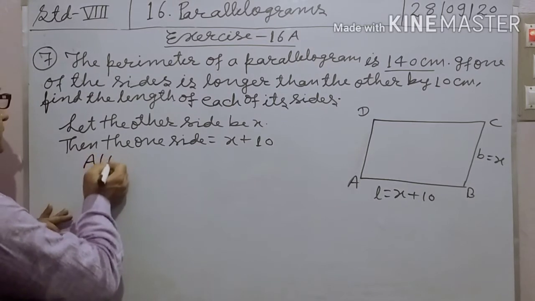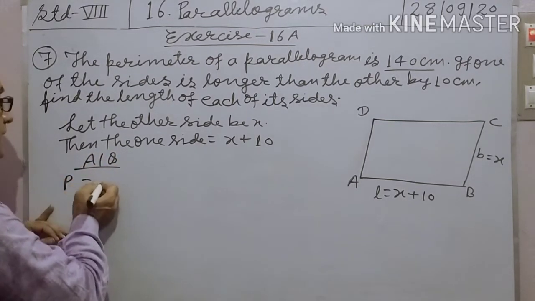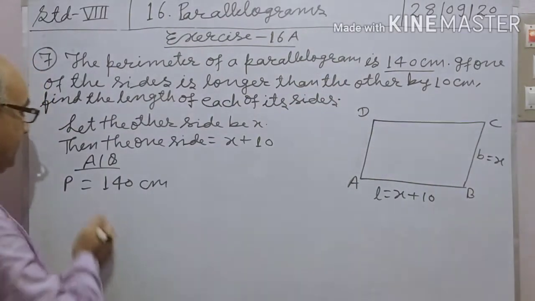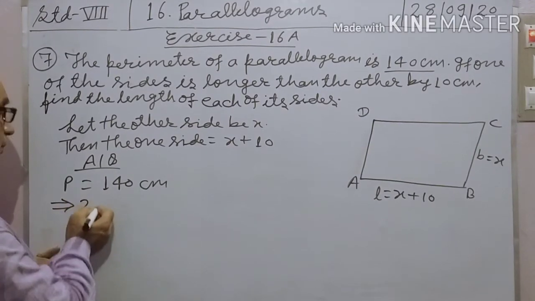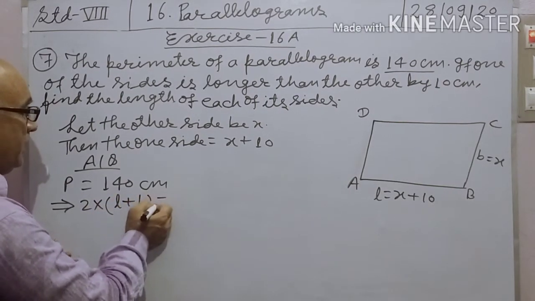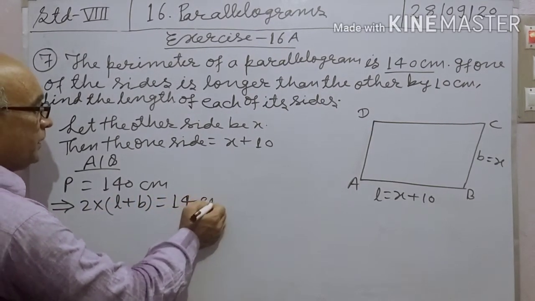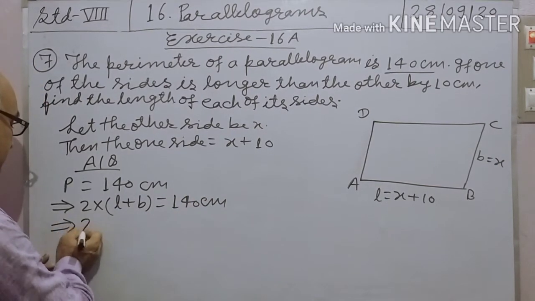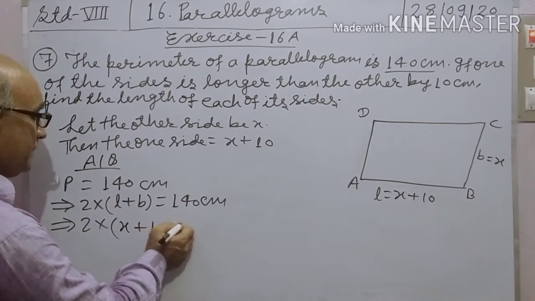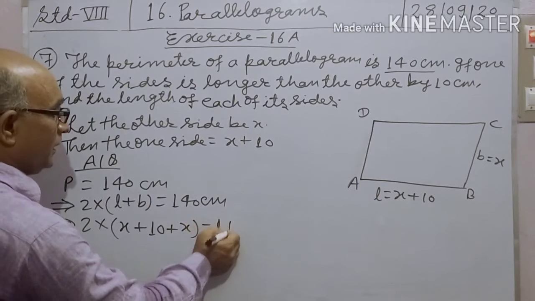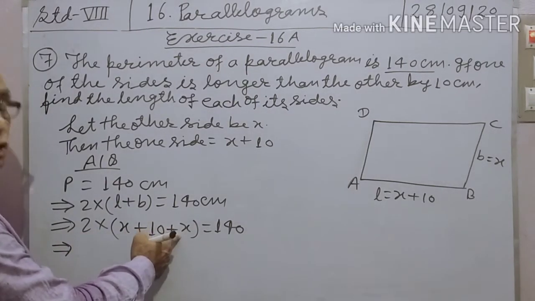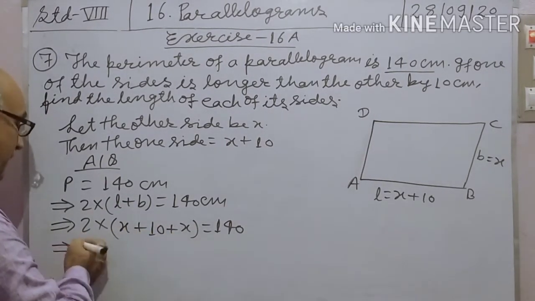According to the question, perimeter equal to 140 cm. That implies perimeter of parallelogram also 2 into L plus B equal to 140 cm. That implies 2 into X plus 10 plus X equal to 140. That implies X plus X is 2X, 2X plus 10 multiplied by 2.